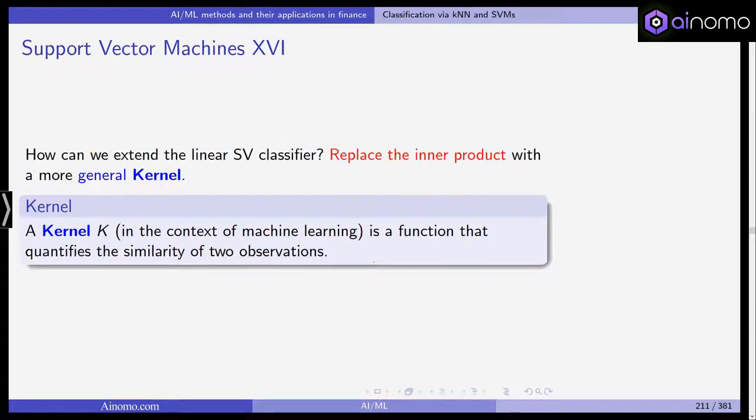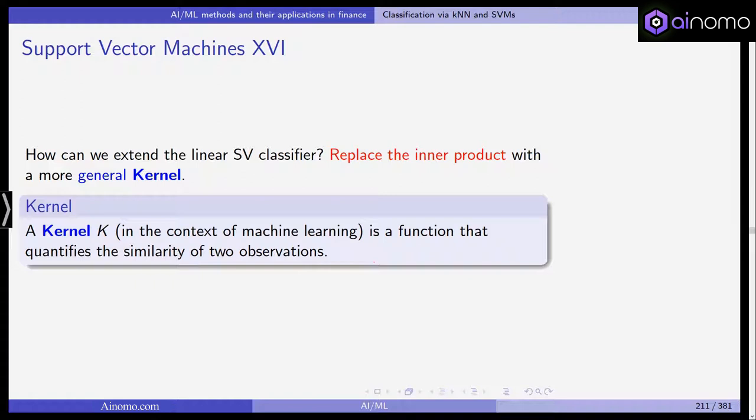Now, why do we need this different representation for the linear support vector classifier? Well, it can be extended in a very simple way. We replace the inner product with a more general so-called kernel. What is a kernel? In the context of machine learning, it has slightly different meanings in different parts of mathematics and statistics.